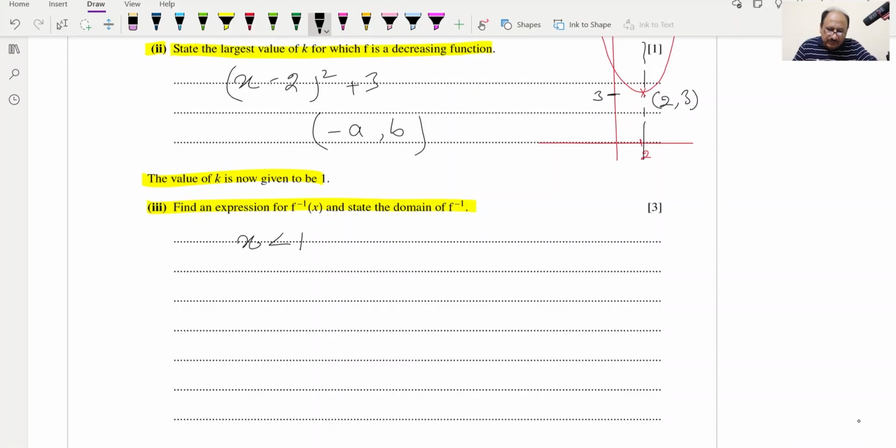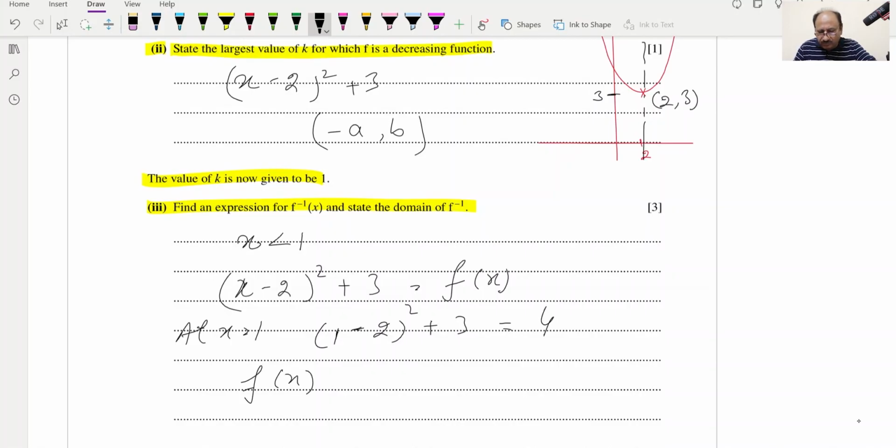If we take the equation x minus 2 squared plus 3, this will be our f of x, and at x is equal to 1 this will be 1 minus 2 squared plus 3, which is 1 plus 3, so 4. So f of x will be greater than 4.